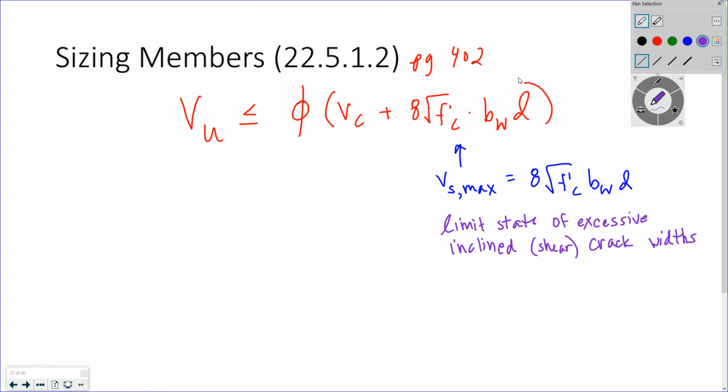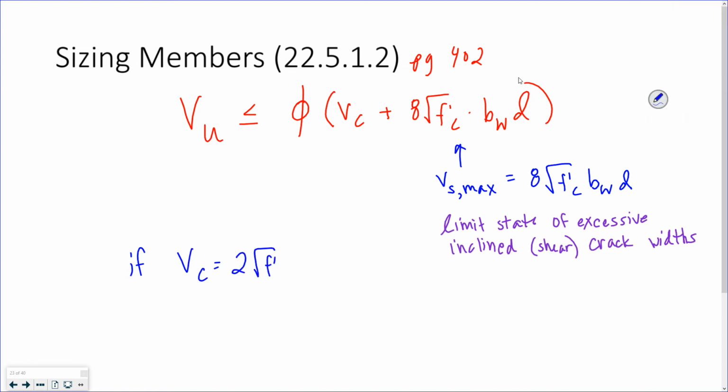If VC is 2 square root f'c bw d, I'm going to put that in there.